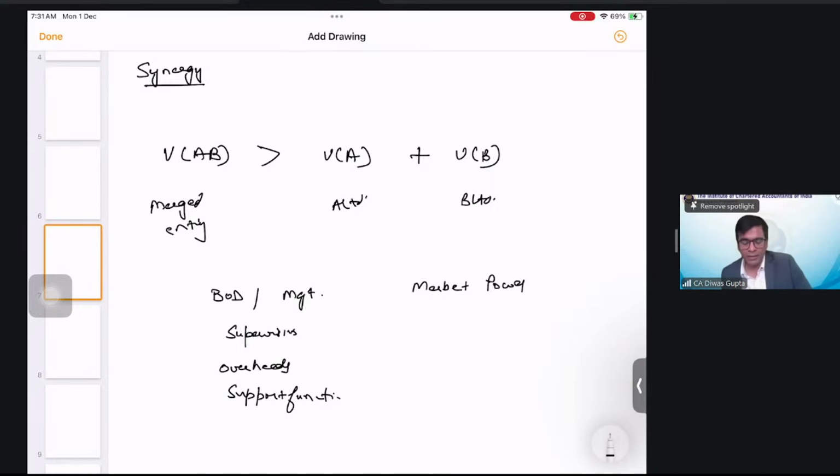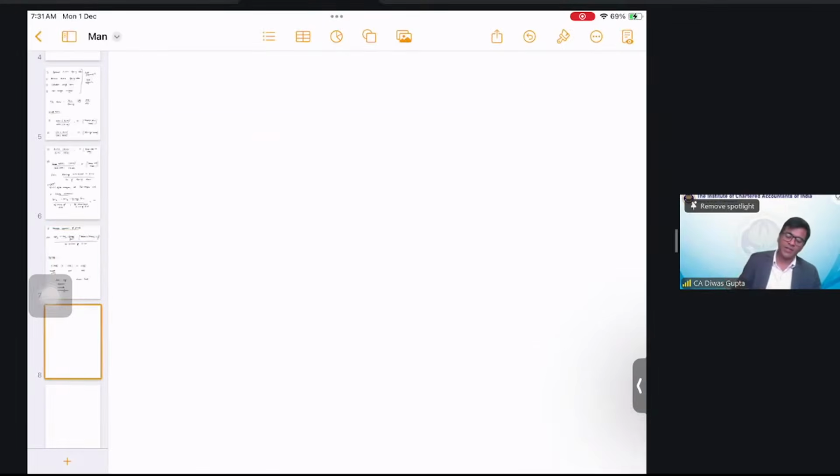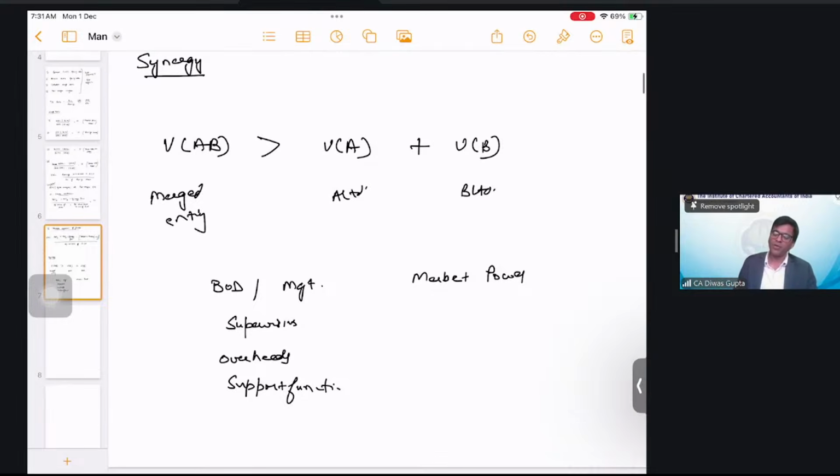For example, A was a supplier and B was a customer. Now both of them collectively are holding higher amount of value chain. So that value chain of higher amount will help them in driving better results, right? So these are the factors which will lead to benefits in the form of synergy. Okay.